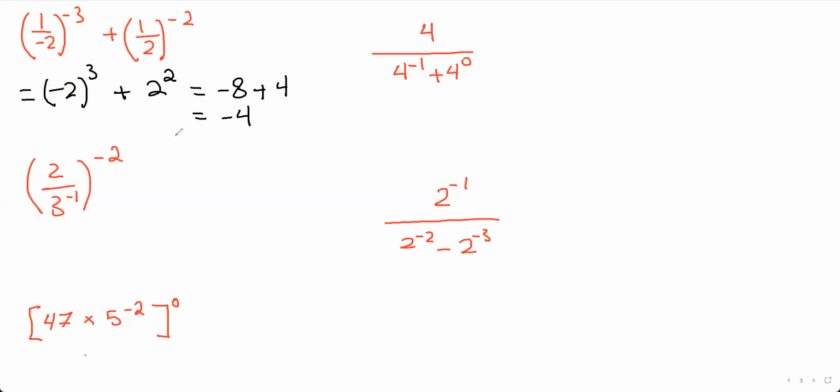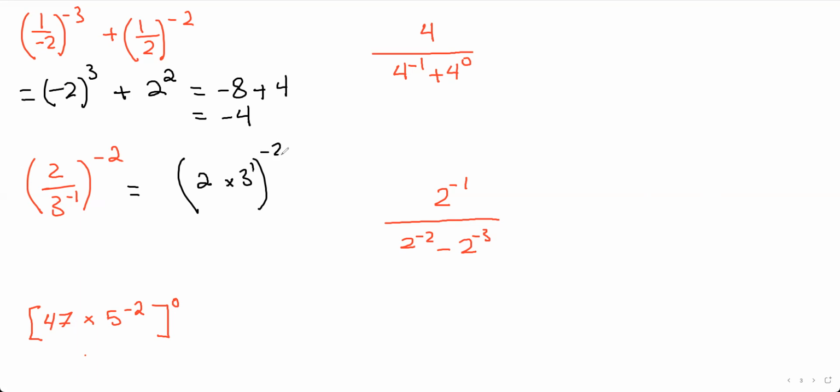Okay. This one right here, Adam, and I knew lots of people were gonna make mistakes on this. So here, this 2 here, keep it where it is. This 3 to the negative 1 is gonna go to the top of the fraction, and that way the exponent becomes positive.